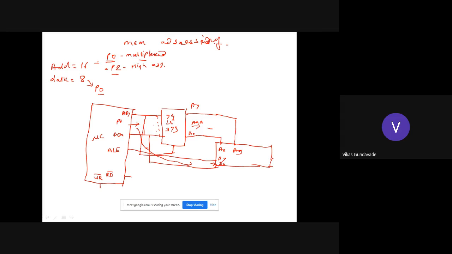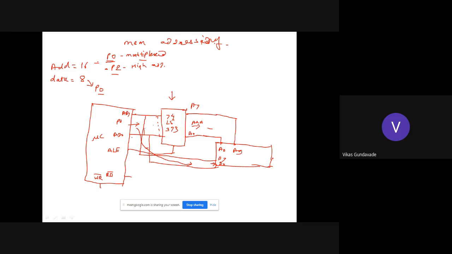So here, using the 74LS373 latch, the address and data lines are separated. Demultiplexing means separation of address and data lines. When ALE goes high, the input side is latched to the output side and it is treated as the memory address.